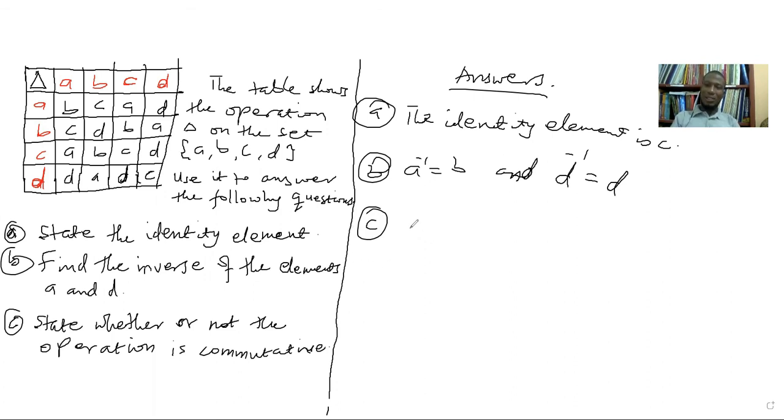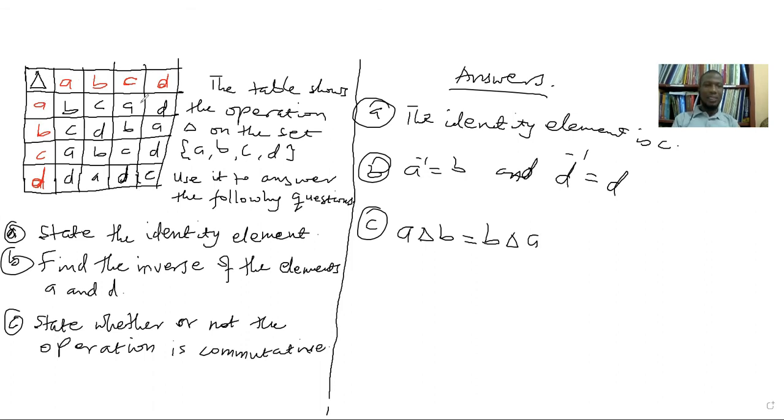So that should show that if the operation delta is commutative, then A delta B should give us the same answer as B delta A. Let's see whether we will get that from the table. So let's take any of them, not only A, we can take any of the elements. So let's take A delta C.